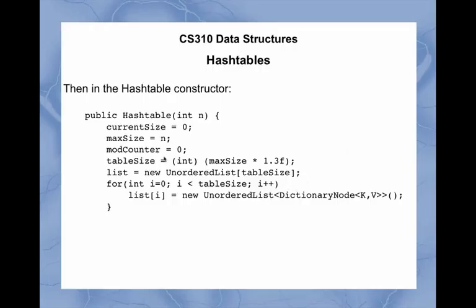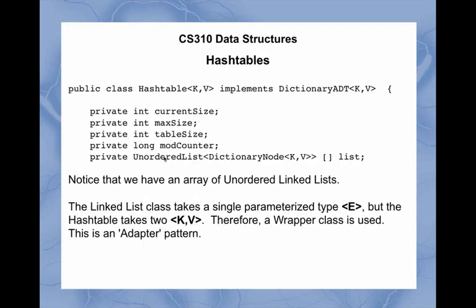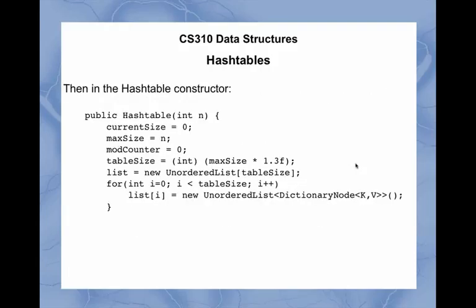So list is a class level variable which is declared prior to this. Here, UnorderedList, and then we have the square brackets, list. Now we create it, list equals new UnorderedList[tableSize]. So now we have an array, but that array has nothing but nulls in it. Then we have the for loop: we loop through, and for each element in the list we make a new UnorderedList. They now exist and you can manipulate them.